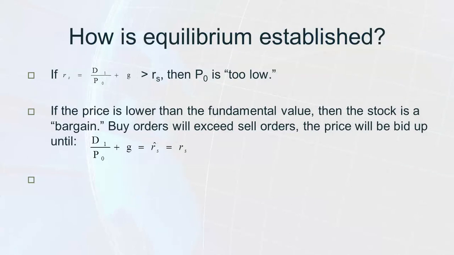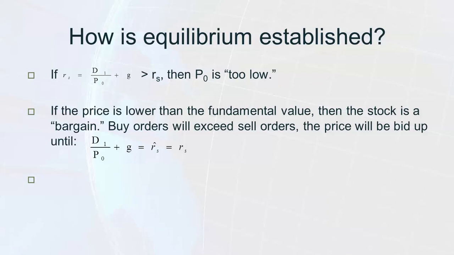So basically if the price is too low, there is buying pressure, so the price is going to go up. If the price is too high, there is selling pressure, so the price is going to decrease.